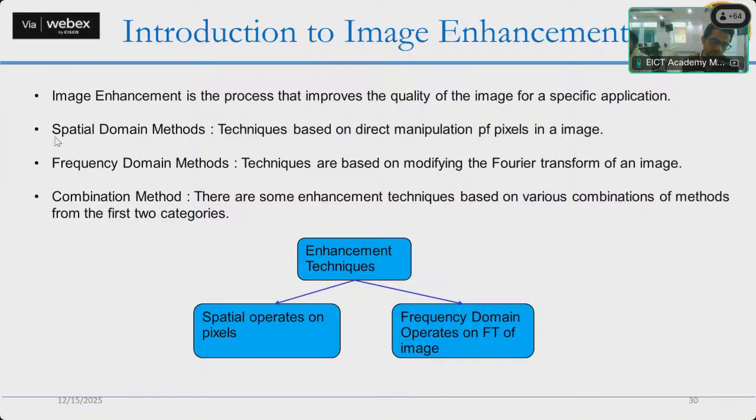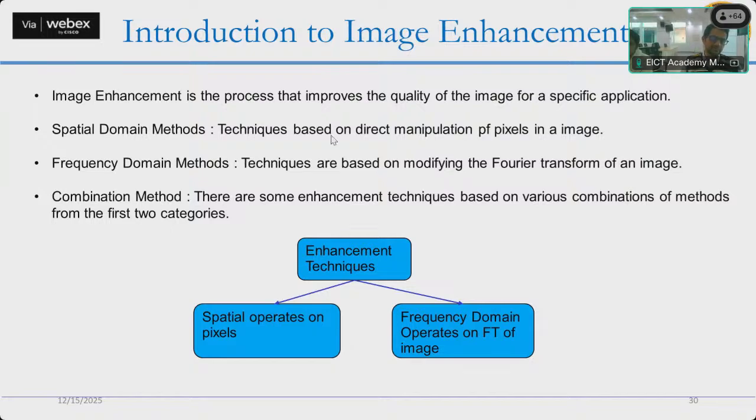Whenever you hear the word spatial domain, it basically means the pixels only, when you are dealing with operations directly on the pixel value. Again, whenever we say pixel, it is the pixel intensity.